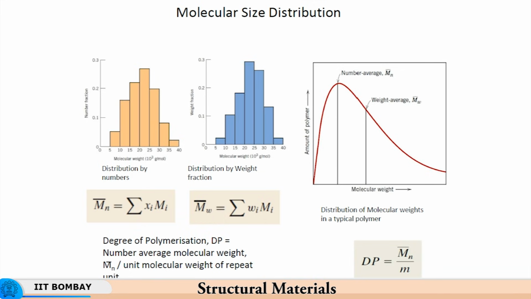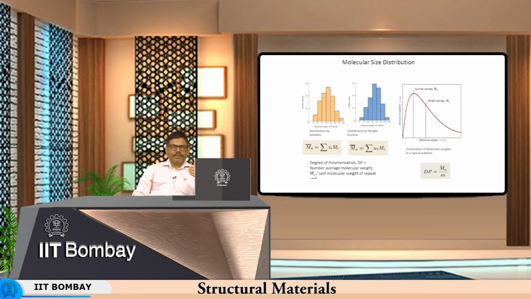Unlike metals where you have a fixed melting point, of course, when you add some alloying elements, you can change the melting point, but then that also is fixed. So, for a given alloying condition, the way the material will behave from solid to liquid, or during solidification, is all fixed. There is no significant variation in that.